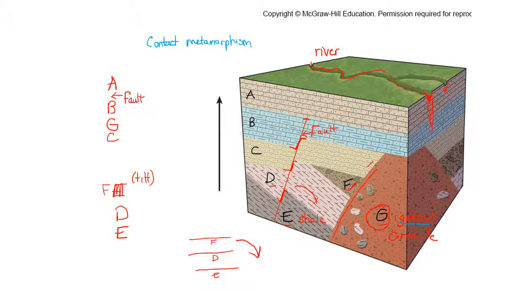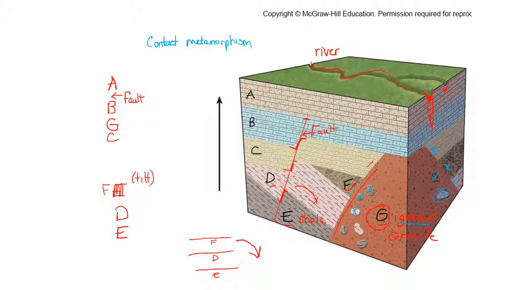This is igneous rock, and where the igneous rock came into contact with other kinds of rock, you can get metamorphism. The heat surrounding this sedimentary rock right here would potentially cook it, turn it into something else. Any of these inclusions is a really good candidate for metamorphism. Also along the edges, where a sedimentary rock comes up against a piece of granite that hardened, you can get this contact metamorphism.